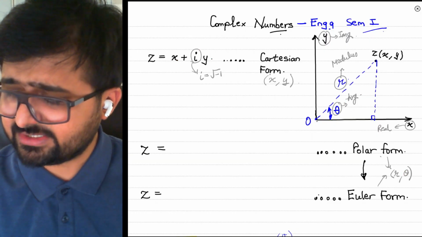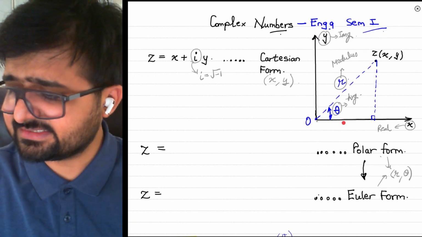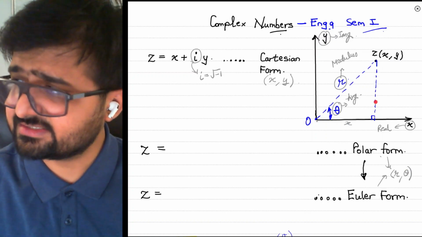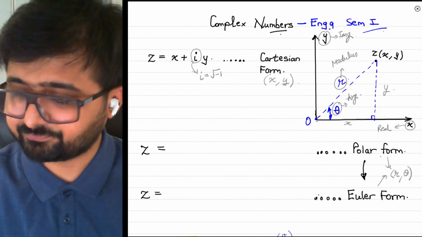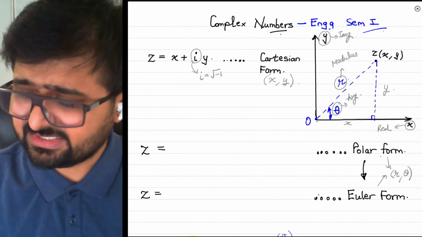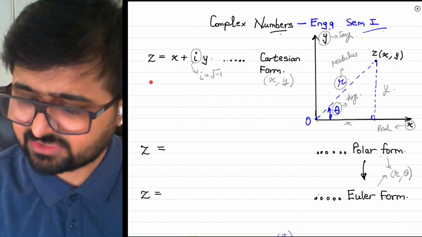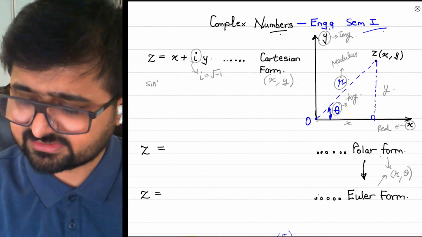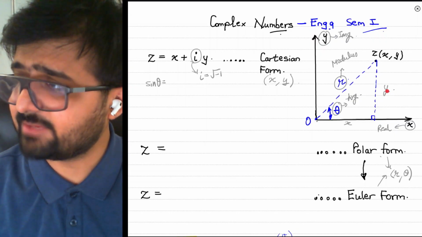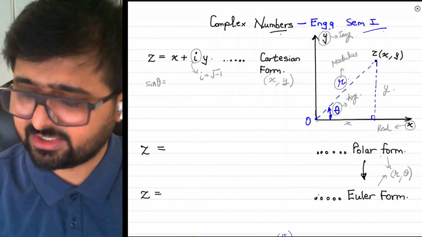In order to do that, we know that this distance is x and this vertical distance is y. So let's try to calculate sine theta in that triangle. Sine theta is opposite upon hypotenuse, which is y over r.